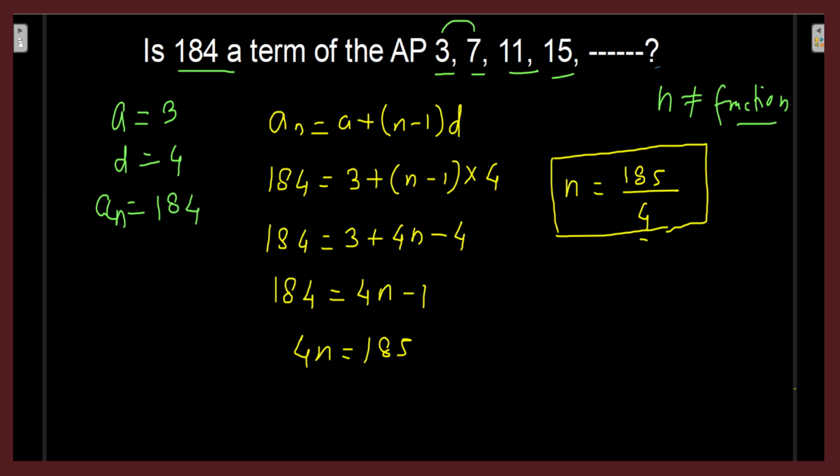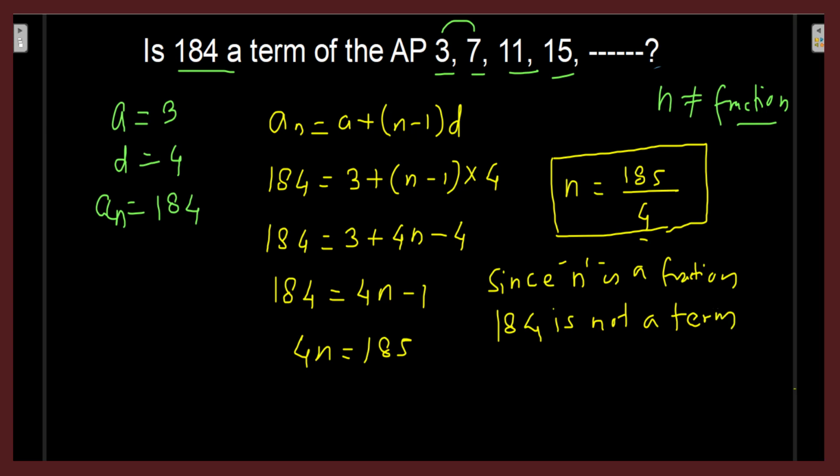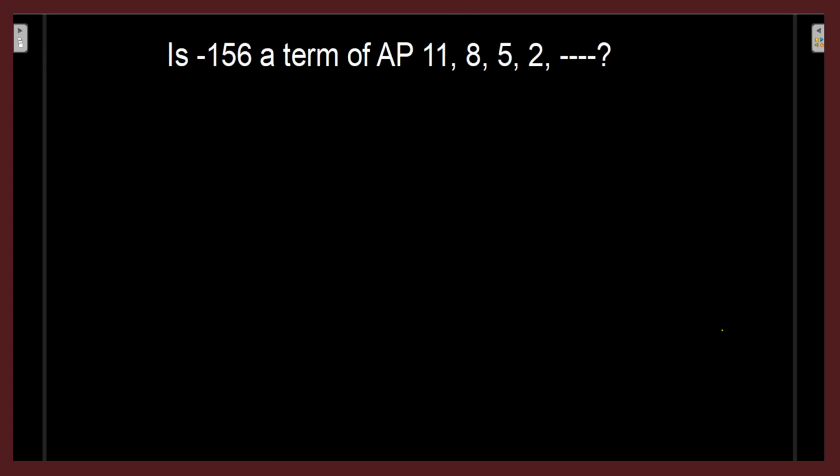And therefore, friends, at the end you have to write, since n is a fractional number, 184 is not a term of the given AP. Now move to another question.